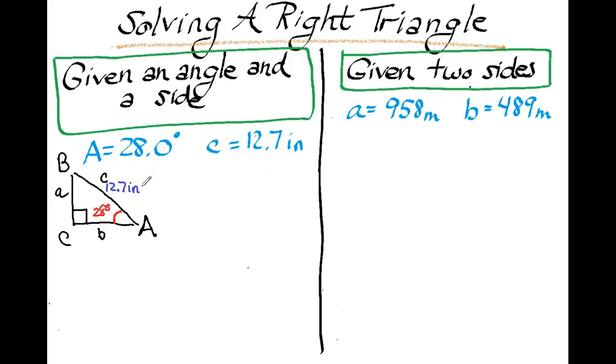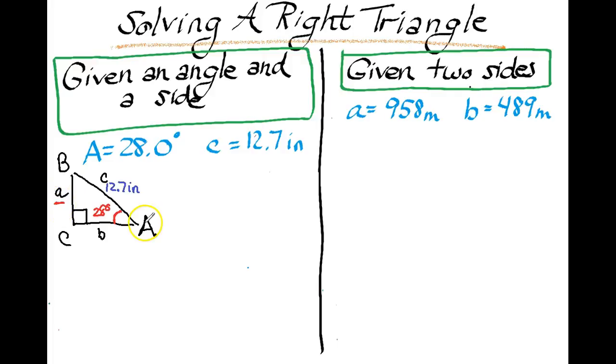All right, so how do you solve a right triangle? Well, you have to use the information that you're given. So let's take a look at how we're going to solve for side A. We're given angle A and side C, and we have to solve for little a.